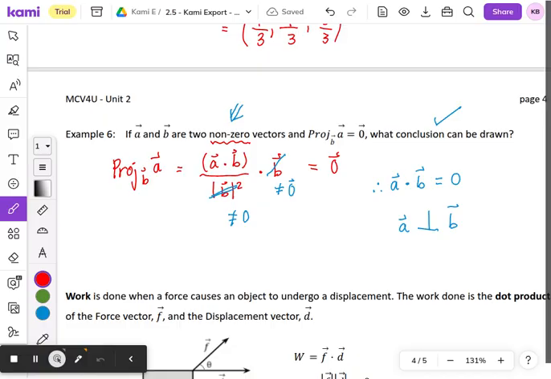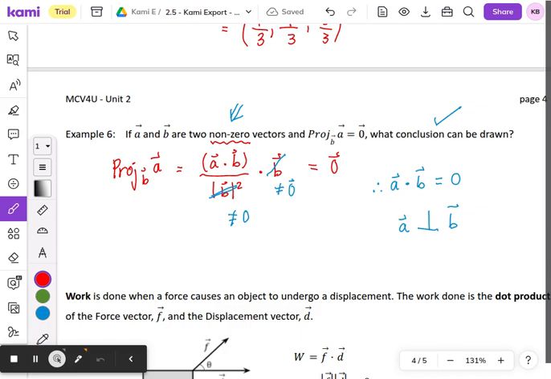Well, once I write out my formula, I can look at it and I know since the vectors are non-zero, the magnitude of vector b cannot be zero. It's also in the denominator of the fraction, and you can never have a zero in the denominator of a fraction. It would be undefined. So that part's not zero. We know that vector b is not the zero vector.